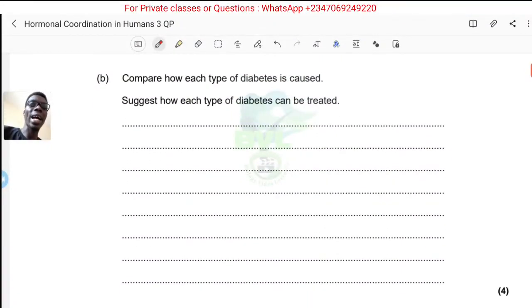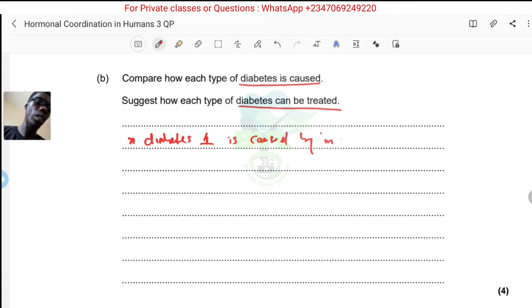Now it says here, compare how each type of diabetes is caused. Suggest how each type of diabetes can be treated. Okay, so I think we should talk about the cause first, and afterwards talk about how it's treated. It's a 4-marker question, so it means that diabetes type 1 is caused by deficiency of insulin.